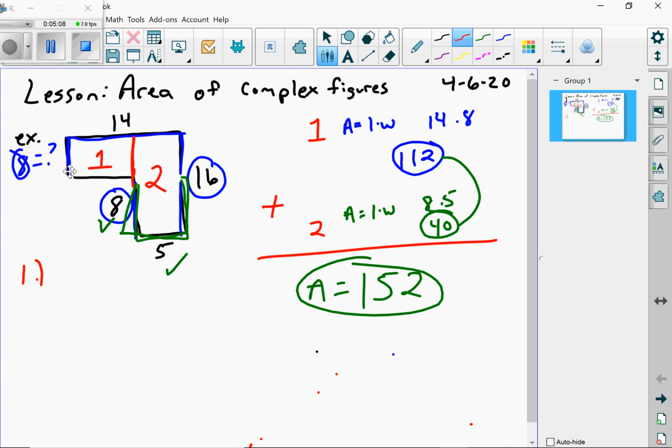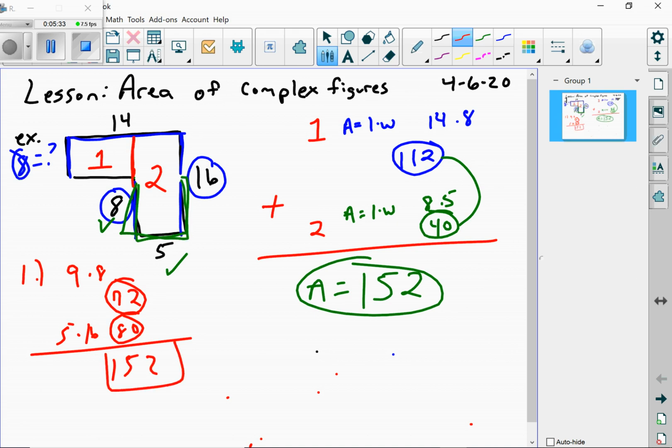We know that's an 8. 14 subtract 5 would be equal to a 9. So rectangle 1 would be 9 times 8, 72. Rectangle 2 would be 5 times 16, which would be an 80. You add 80 plus 72, you still get 152. Different rectangles, different areas, but the same area for the big shape, the complex figure.